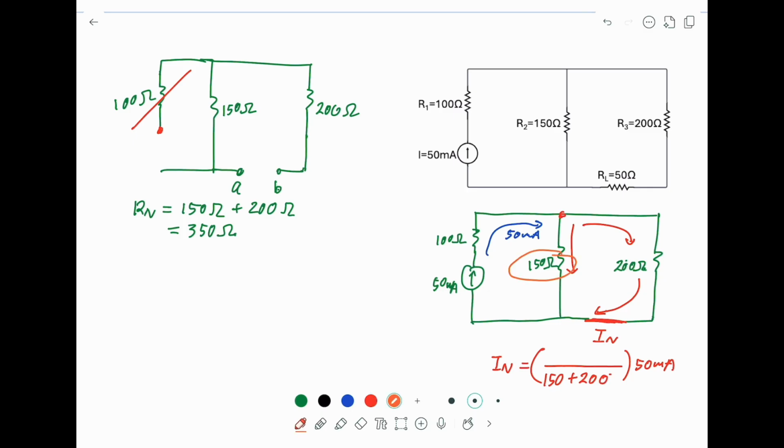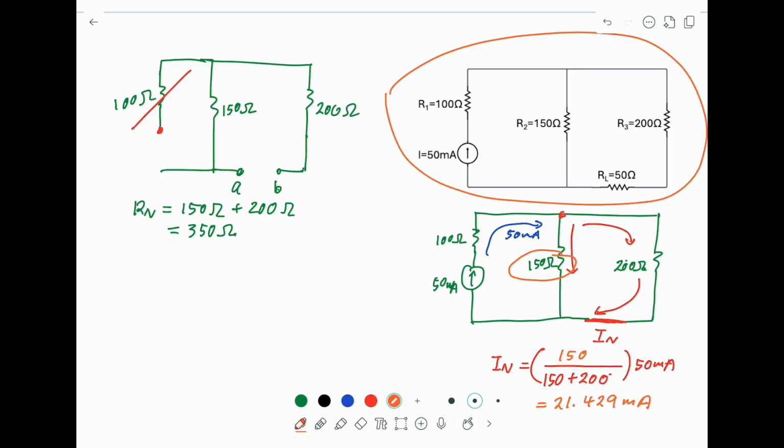And the numerator is the 150 ohm of the opposite branch. And you will find this is equal to 21.429 milliamp.